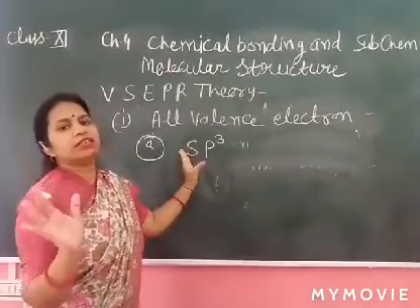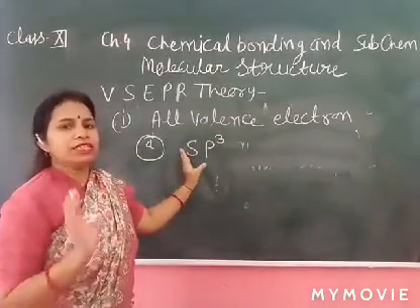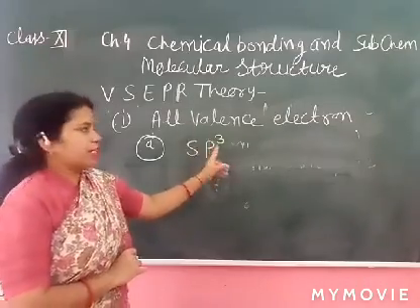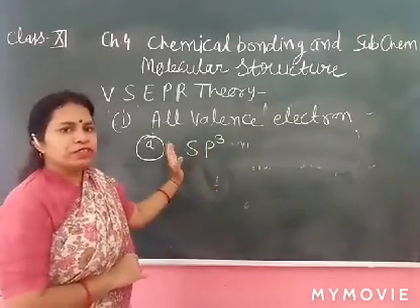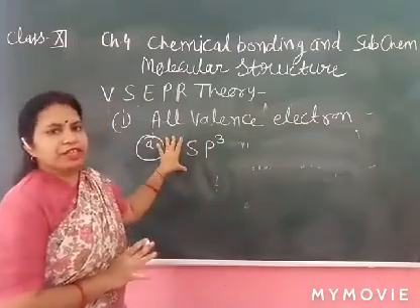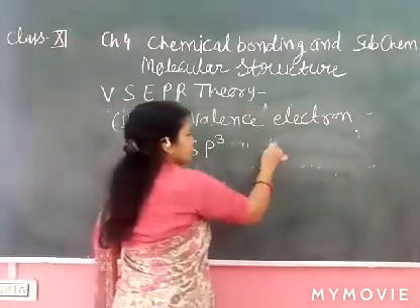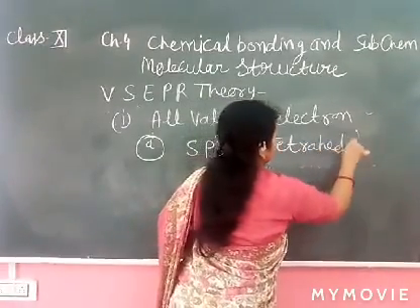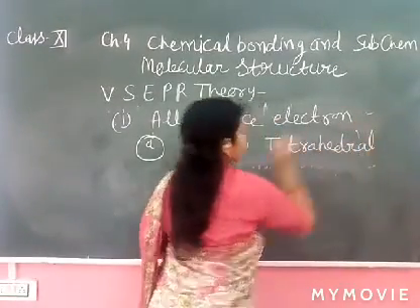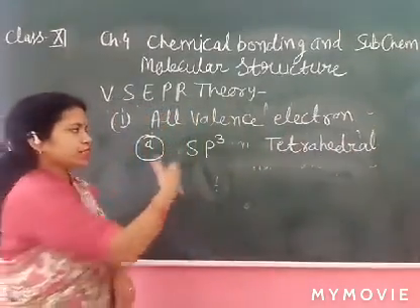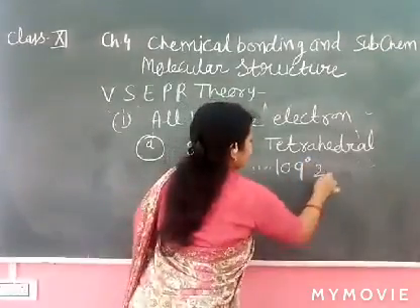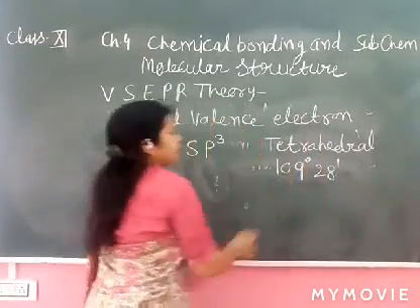Four bonds are present on the central atom, so all electrons participate in bond formation. This structure is symmetric, and the symmetric structure is tetrahedral. We will discuss the bond angle in hybridization: 109 degrees 28 minutes.